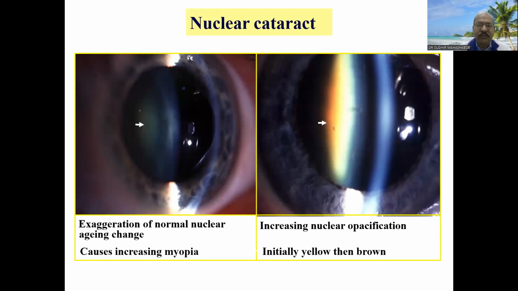Now, these are some pictures of the nuclear cataract. Initially, when the central part of the lens, the nucleus, becomes opaque, myopia is induced. At this time, many patients who are hypermetropic will get better vision without the glasses they were using, because the induction of myopia neutralizes their hypermetropia.